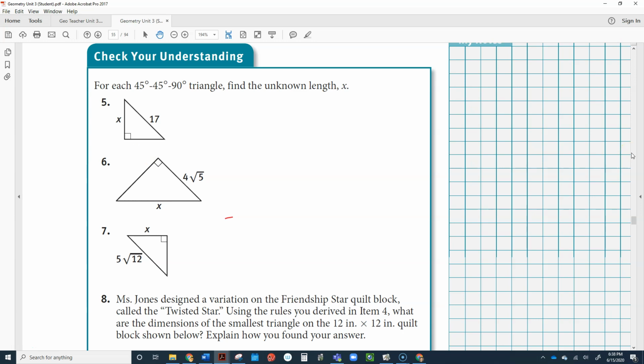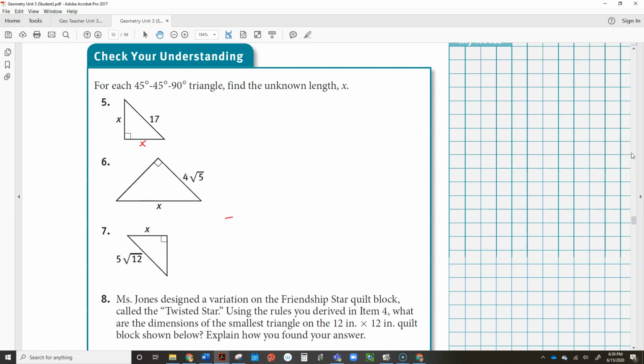If they give you 2 sides, you can always do the Pythagorean theorem, because if this one right here is x, then so is this one. I'm not going to do any more, I'm going to let you do these, but I'm just showing you that you could do the Pythagorean theorem.